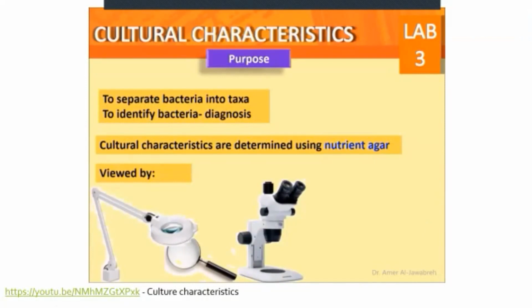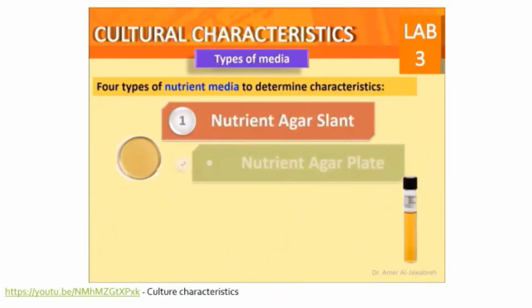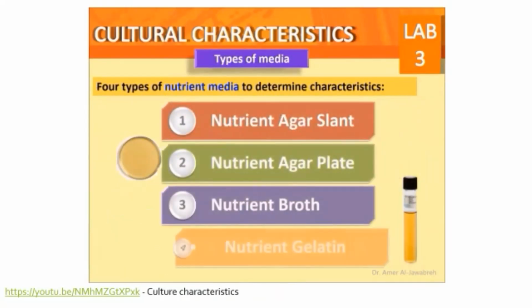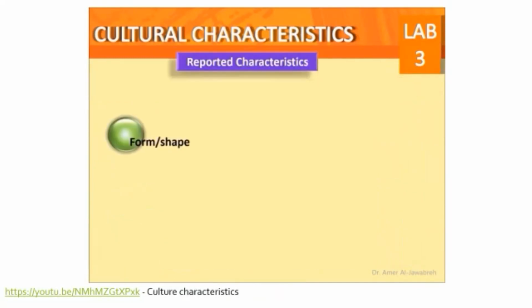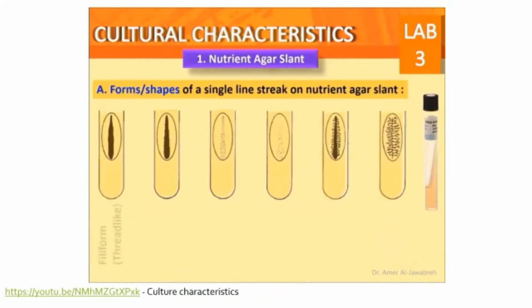Types of medium: four types of nutrient medium: nutrient agar slant, nutrient agar plate, nutrient broth, and nutrient gelatin. Reported characteristics: form or shape, abundance, consistency, optical density, and odor. Forms of a single line streak on nutrient agar slant.